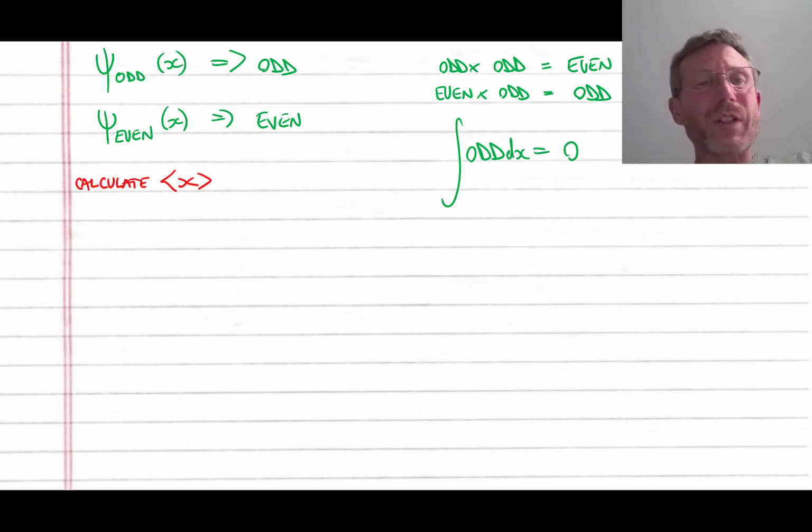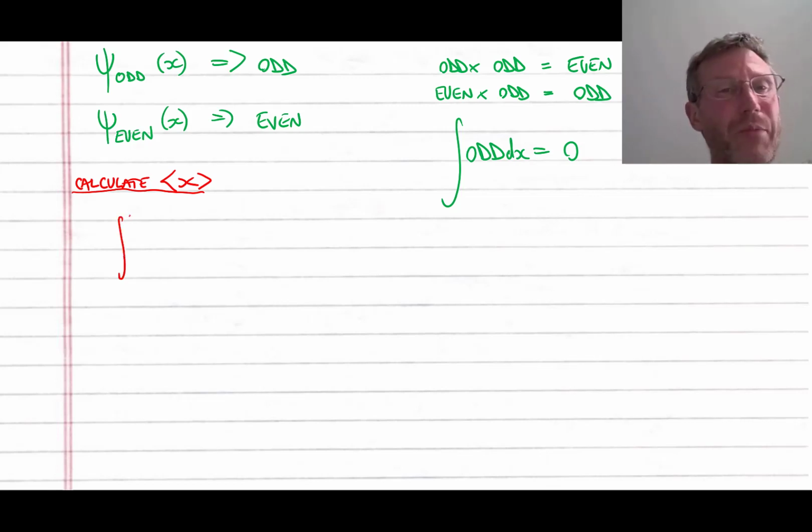Well, let's suppose we were tasked to calculate the average value of x for a harmonic oscillator. So let's think about first setting that problem up. We look over all space, running from minus infinity to infinity, and now we take our wave function with our quantum number v.